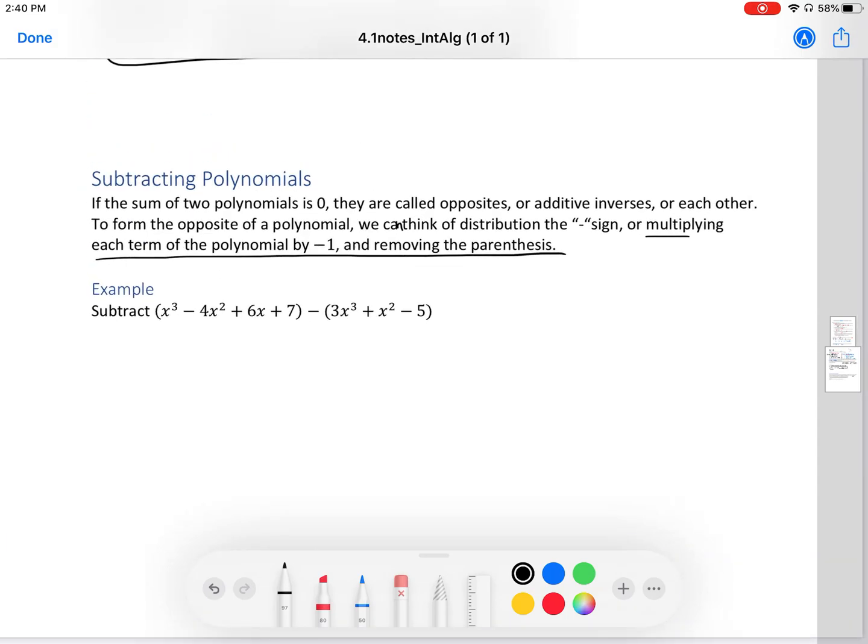In this next example, we're asked to subtract x cubed minus 4x squared plus 6x plus 7 minus 3x cubed plus x squared minus 5.